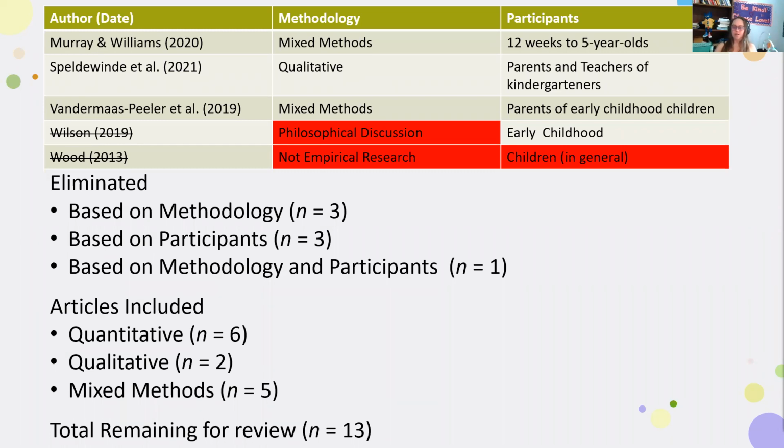And then 1 was eliminated based on both the methodology and the participants not meeting the criteria. Of the articles that were included, 6 of them were quantitative, 2 were qualitative, and 5 were mixed methods. So after all of that, the total remaining for the review were 13 articles.